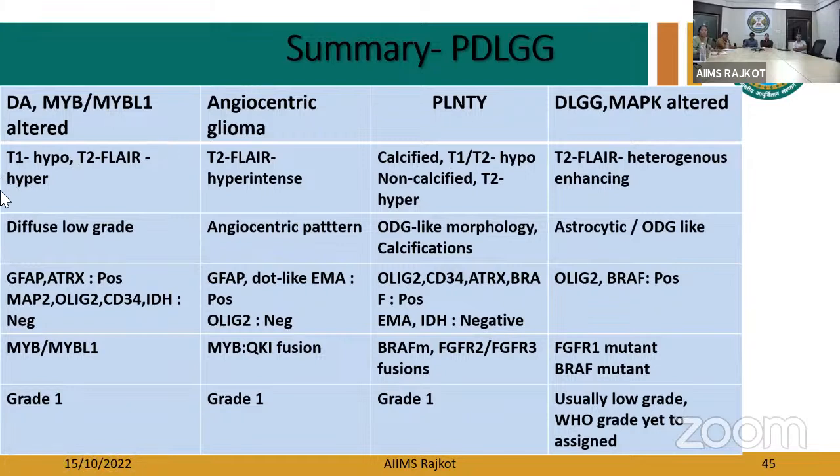All types are, radiologically, mostly T1 hypo and hyperintense on T2 FLAIR, except for one type, which is showing calcification.